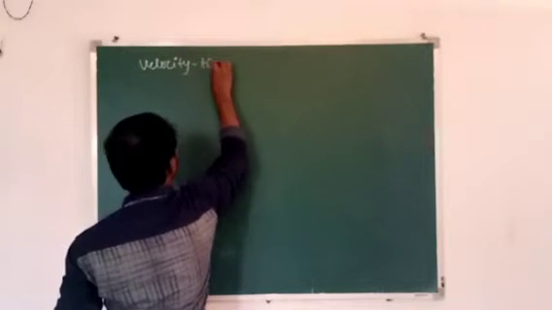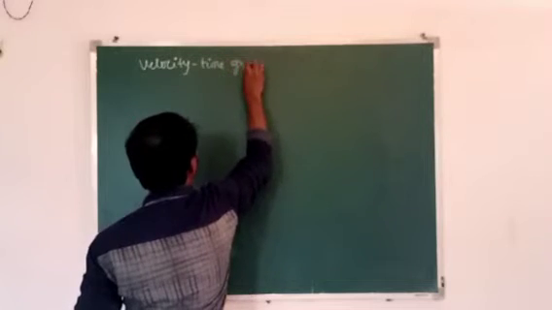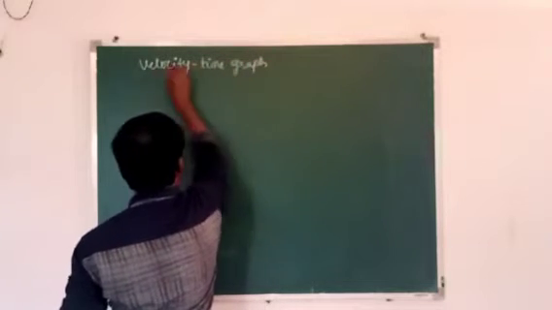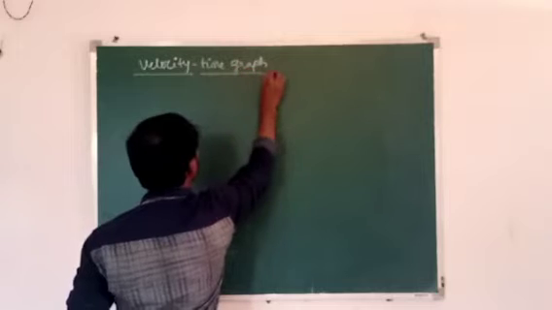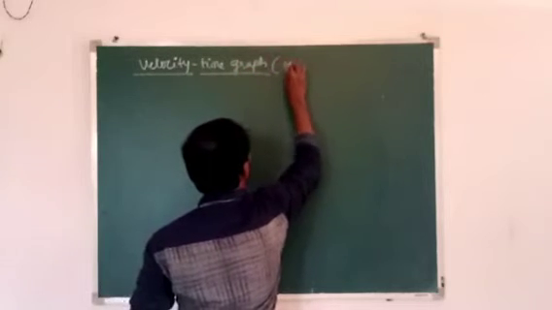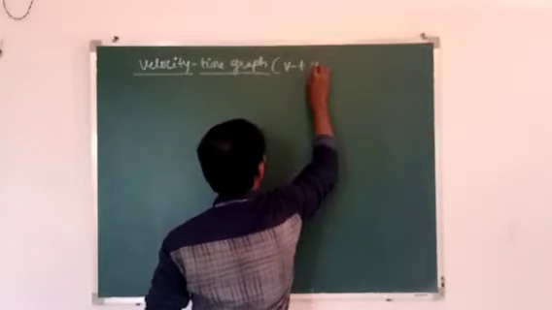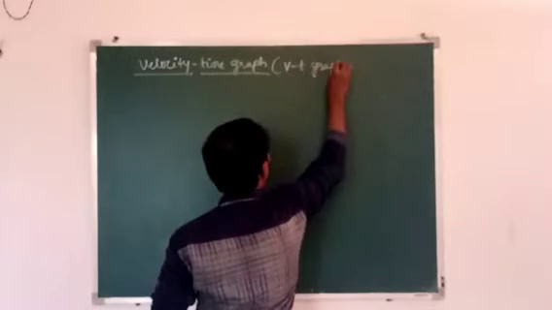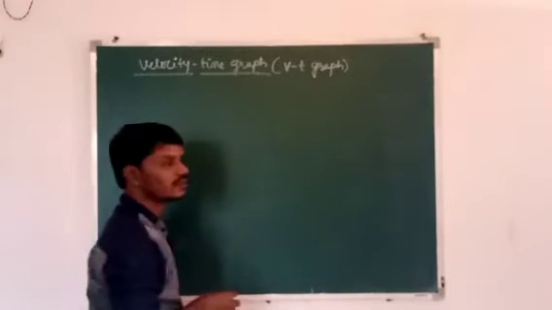Velocity versus time graph. How to read this one? Velocity versus time graph. And this can be written as VT graph. V stands for velocity, T stands for time.